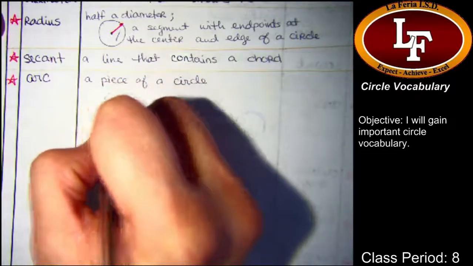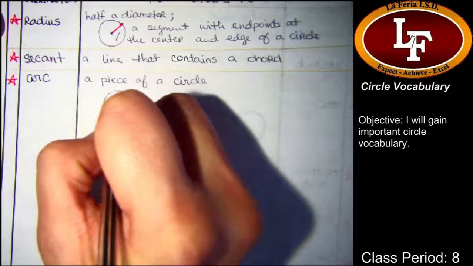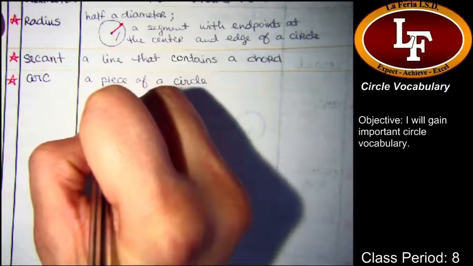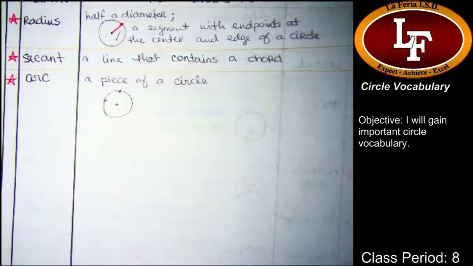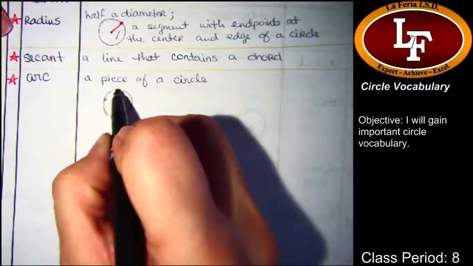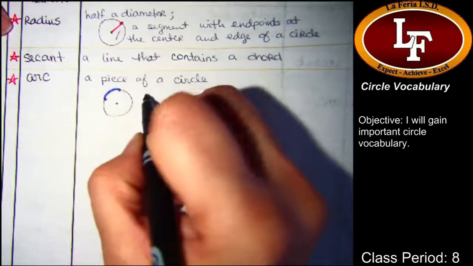And so it's going to look something like this. Like what the Romans used. Now, when you put 2 dots on the outside of a circle like this, you actually create 2 different arcs.